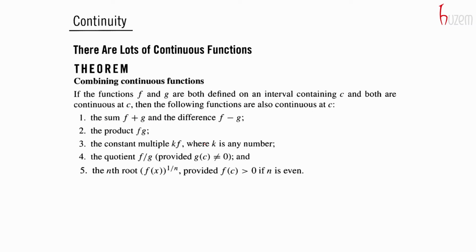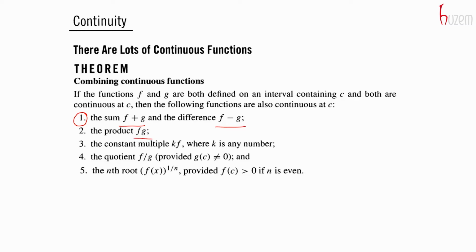The next theorem gives a way to construct new continuous functions out of two continuous functions f and g, namely basic arithmetic operations like summing two functions as in the first item or taking differences will produce new continuous functions out of two continuous functions f and g.